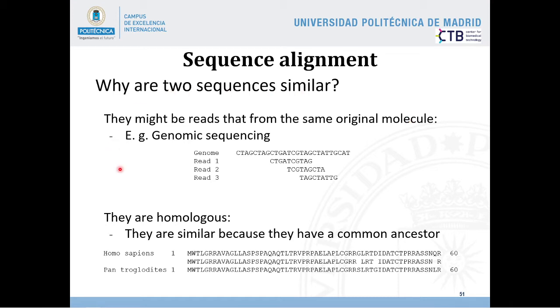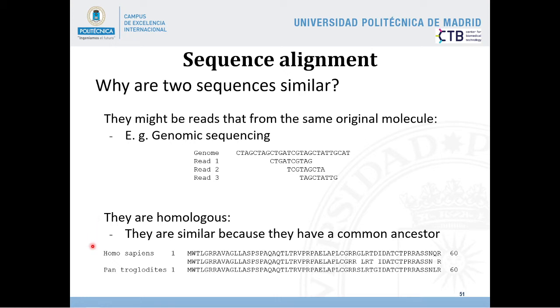This is a very special case of alignment that we are not going to go deep into, but just you know that it's not the same, okay, when we are aligning for sequencing or when we are studying the sequence itself. The other reason why two sequences can be very similar is the one that we already told, that they are homologous. They come from the same common ancestor.